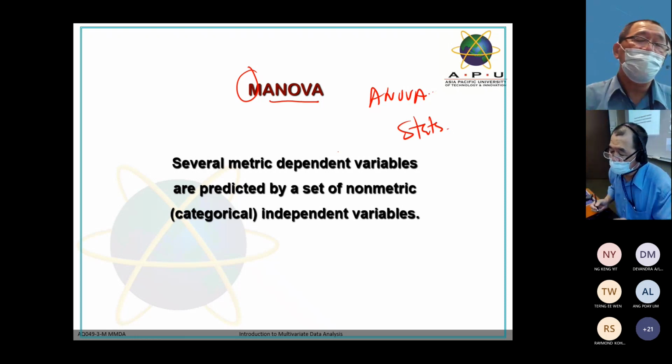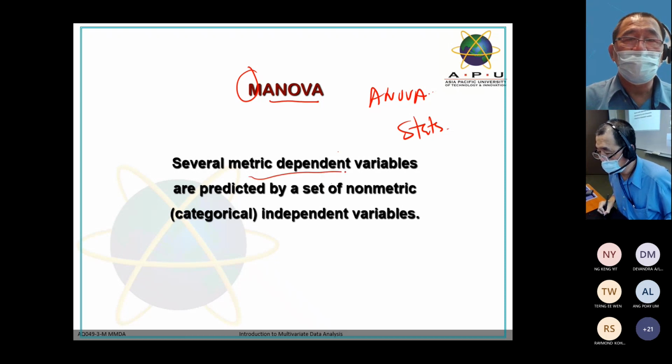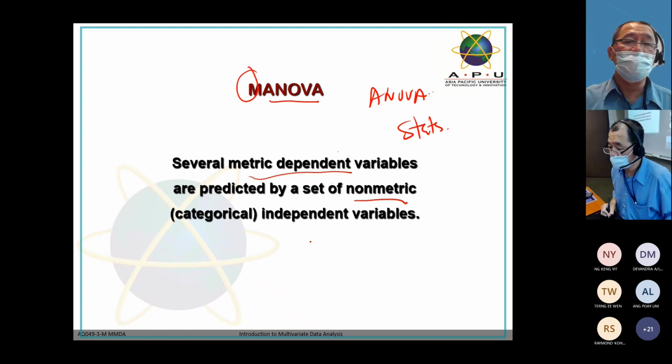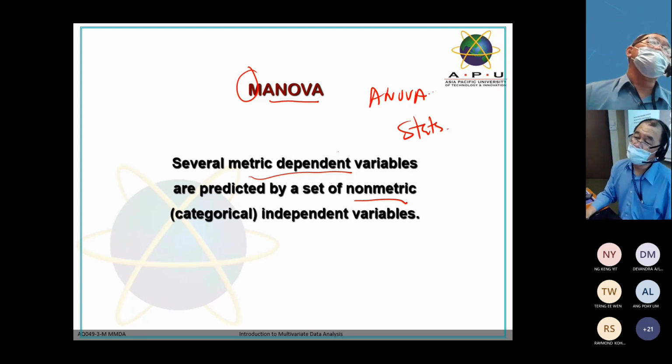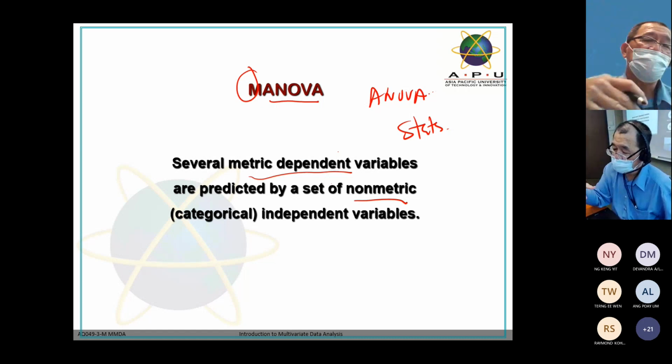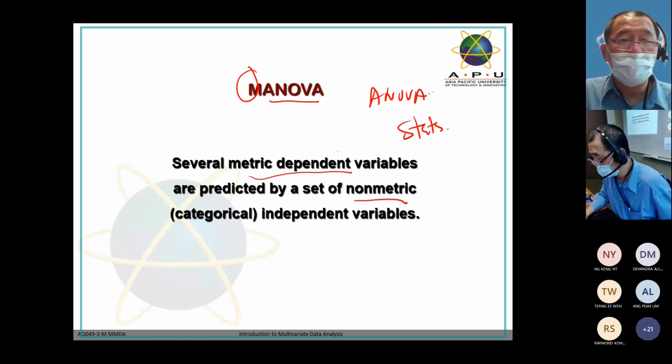But here a bit different because we still got several metric dependent variables predicted by non-metric categorical. But it's okay, not going to see too much. Just that in case you have this situation, you may look back and study more detail on how to use MANOVA. But not our focus in this module.